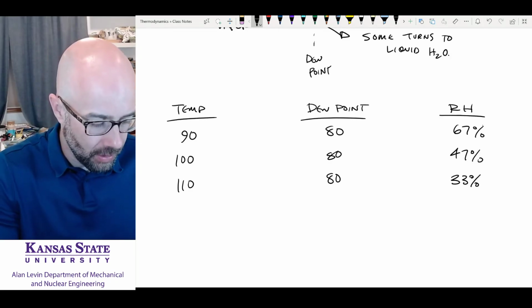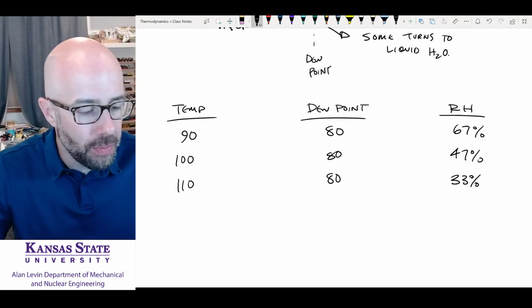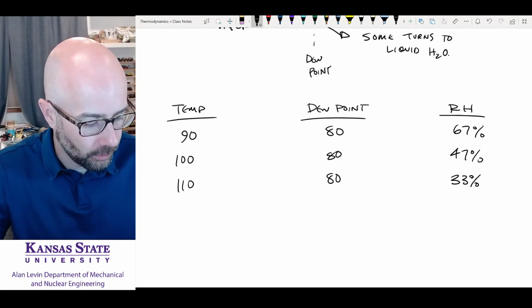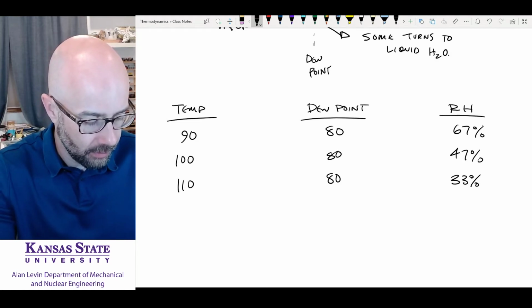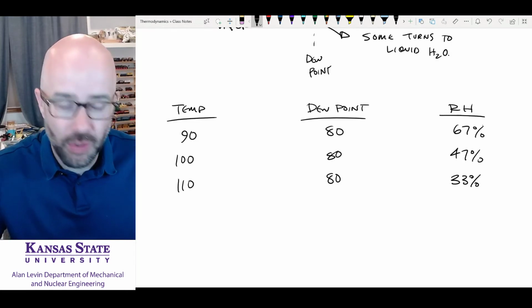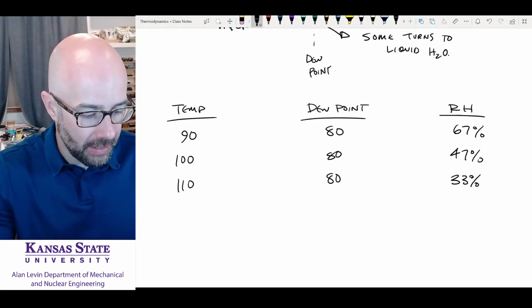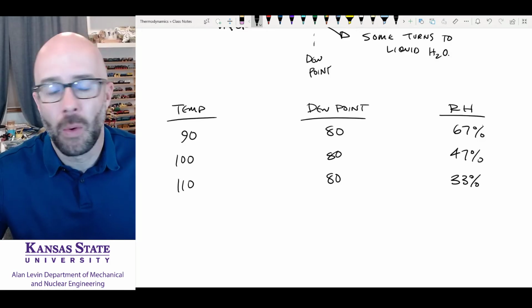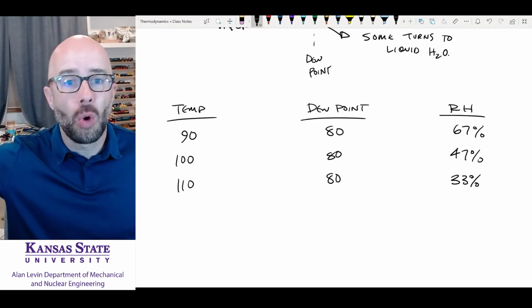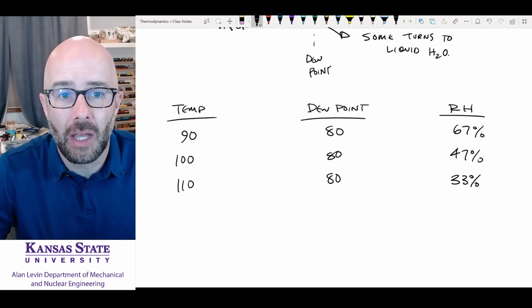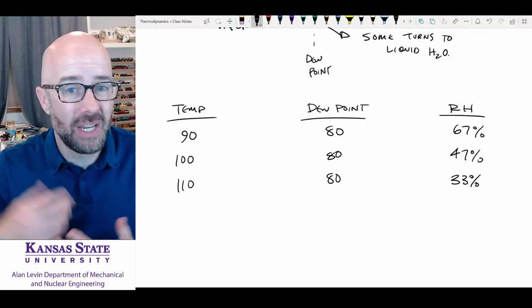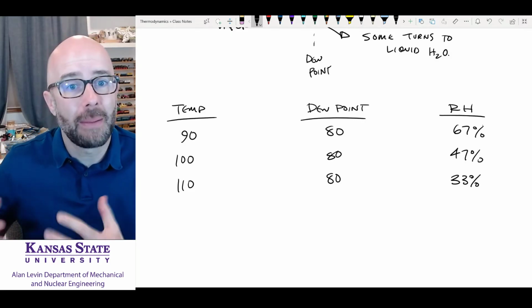Let's go back here to Google and type in, what is the dew point in Manhattan, Kansas? Okay, the dew point is 70 degrees right now. The temperature outside is 82. So maybe there are some low-lying areas that are starting to reach really close to the dew point, and you start having maybe fog occur.